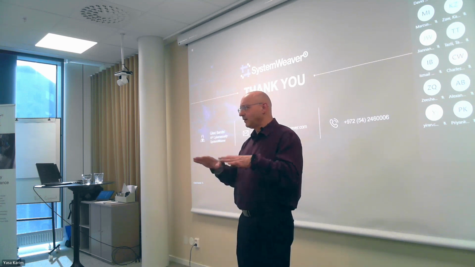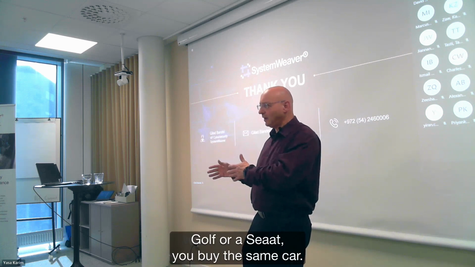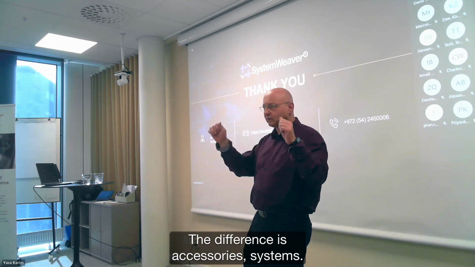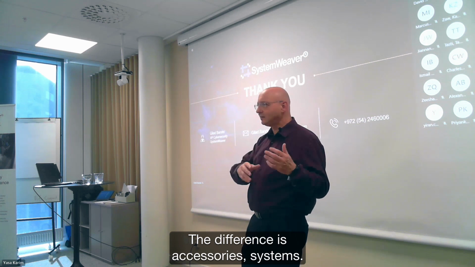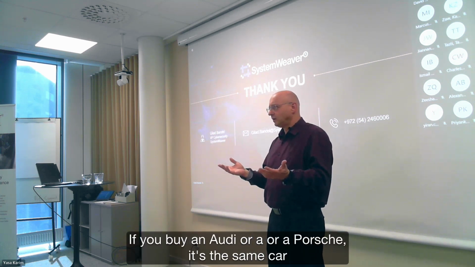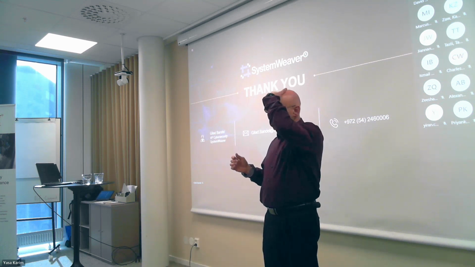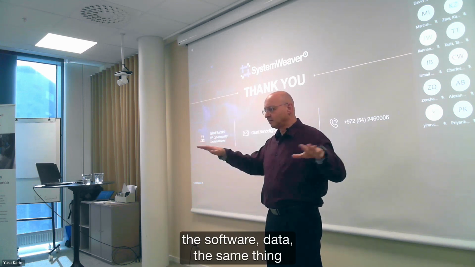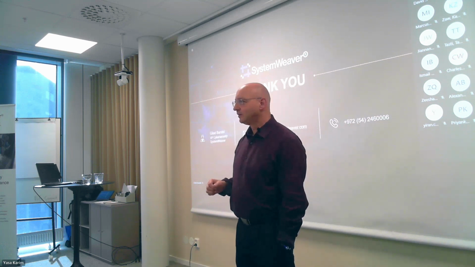So if you buy a Skoda or a Golf or a Seat, you buy the same car. The difference is accessories, systems. If you buy an Audi or a Porsche, it's the same car, but a different logo. But the basic infrastructure, the software, is the same thing. So the logo outside is a bit different.